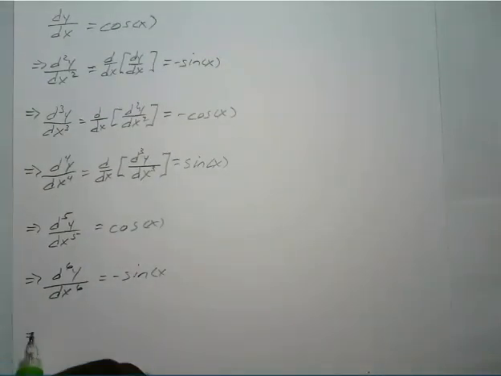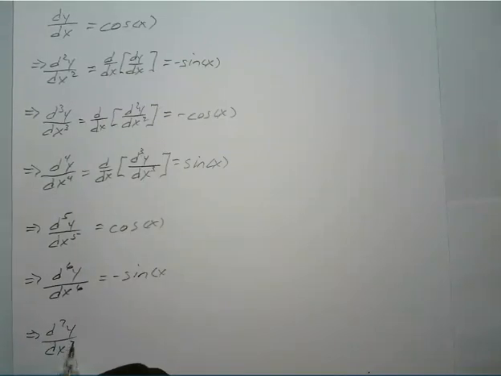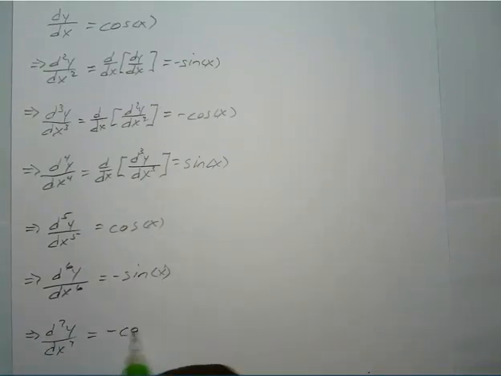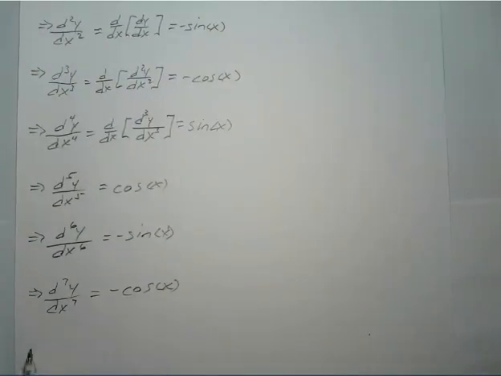The seventh derivative is going to be negative cosine of x. And the eighth derivative is going to equal sine of x. And it keeps going and going.